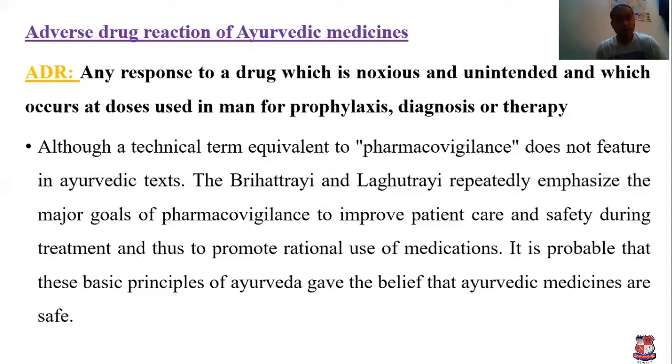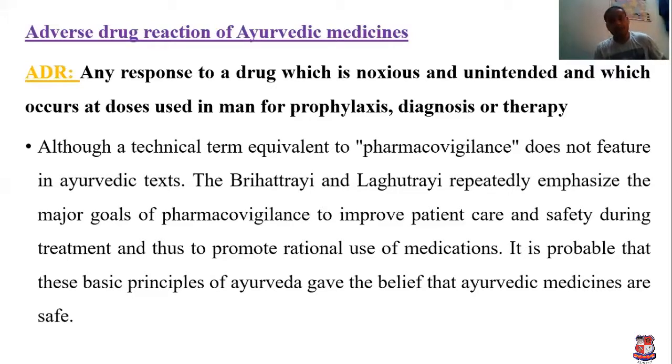Suppose you are taking a poisonous drug in treating some disease condition and you take an overdose, then it will definitely create some adverse drug reaction or unwanted effect in your body. So nowadays we also have to know the pharmacovigilance in terms of Ayurvedic drugs.